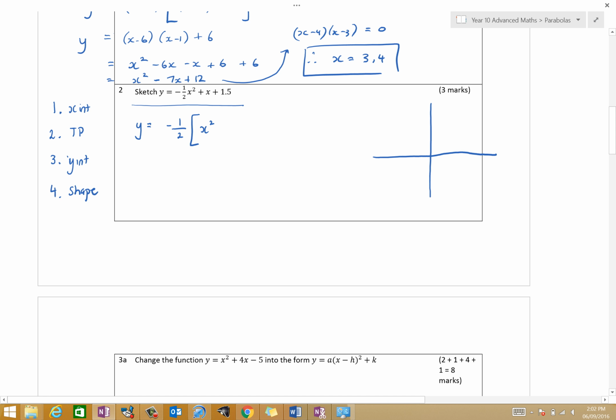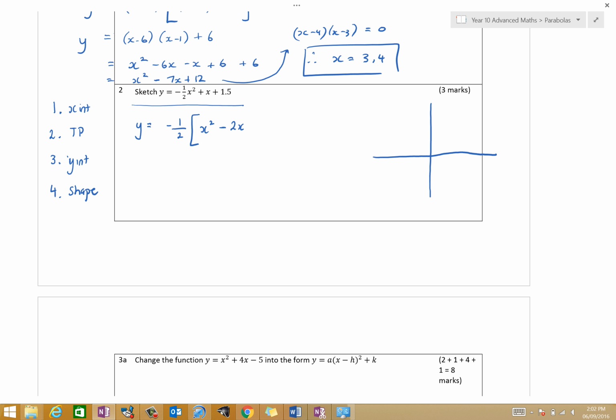Now, negative a half times what is going to give me positive x? What is it? Minus 2x or positive 2x? Negative 2x. Good. And what's left over?